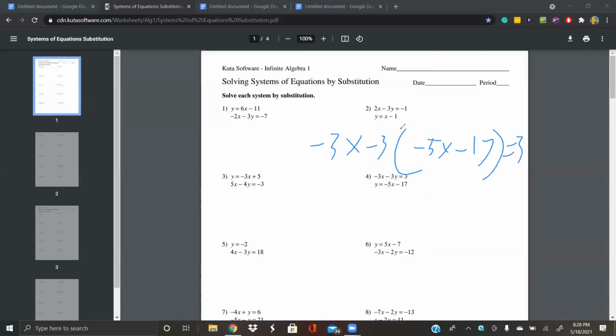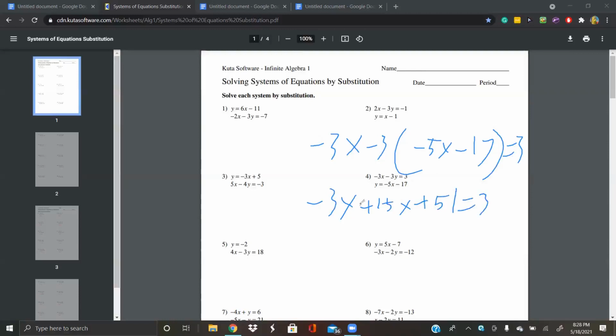What we're going to do first is multiply negative 3 by the parentheses. So negative 3x, and then negative 3 times negative 5 is 15, so plus 15x. And then negative 3 times negative 17 is 51, so plus 51 equals 3.